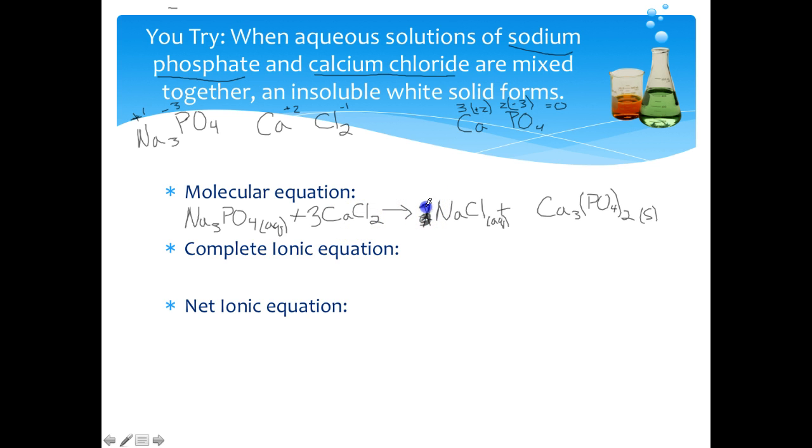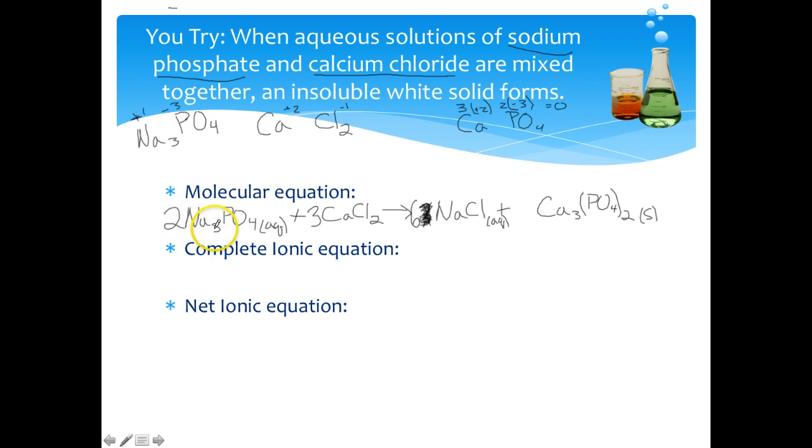So 3 and 2 is 6. So I'm going to have to cross that out, and this is going to look kind of ugly, but this is going to become a 6. Okay? That means I got 6 sodiums over here, and I got 6 chlorines. I got 3 sodiums over here, so I'm going to have to put a 2 here.